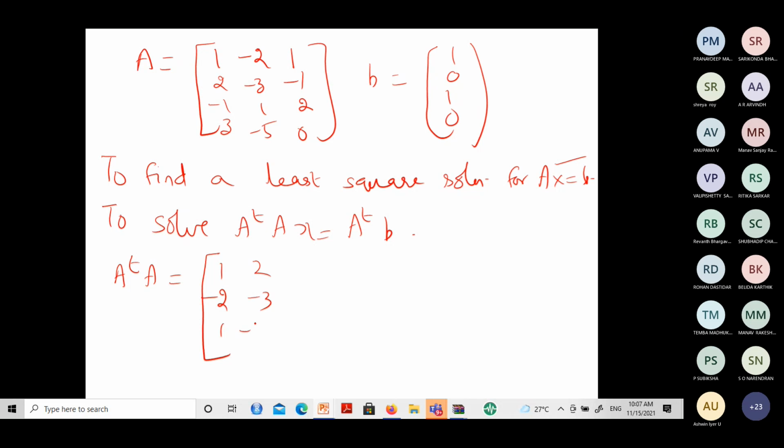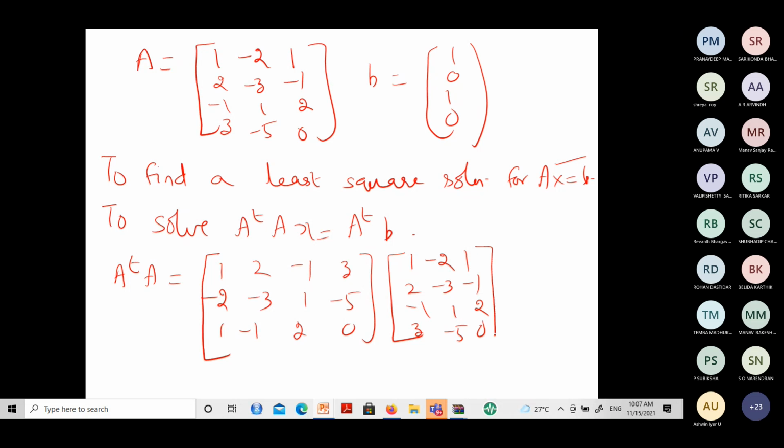Please multiply these two matrices, A transpose into A. 1 plus 4, 5 plus 1, 6 plus 9, 15.